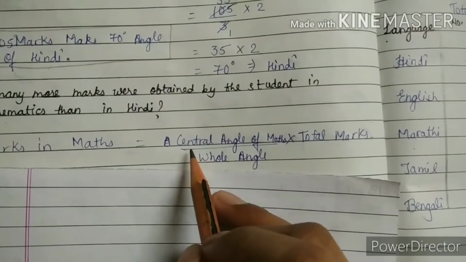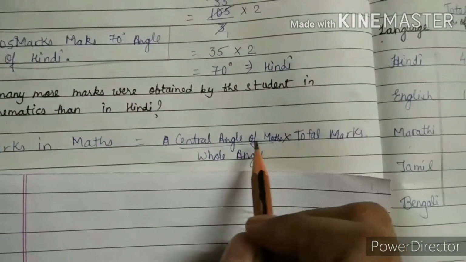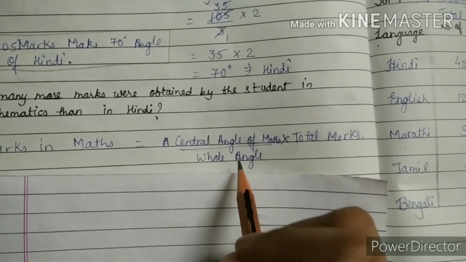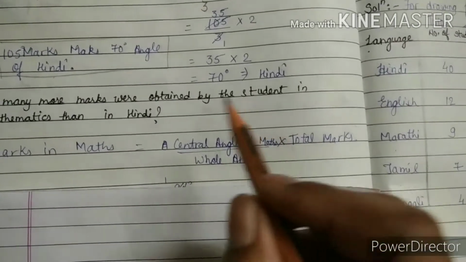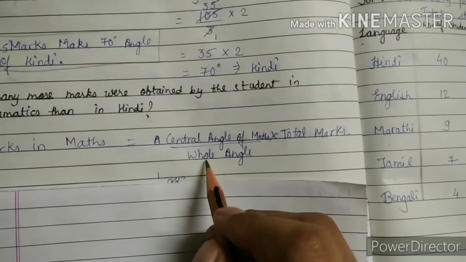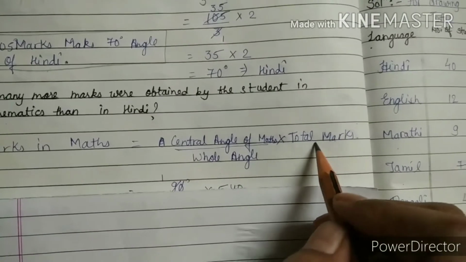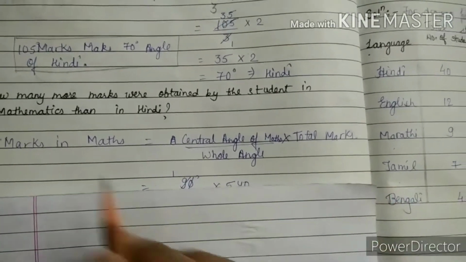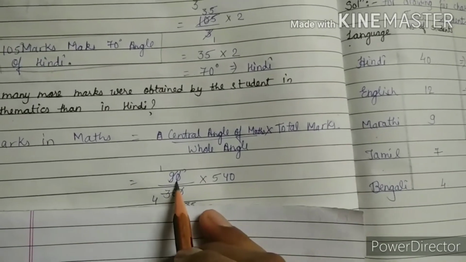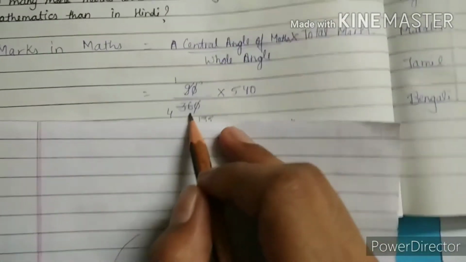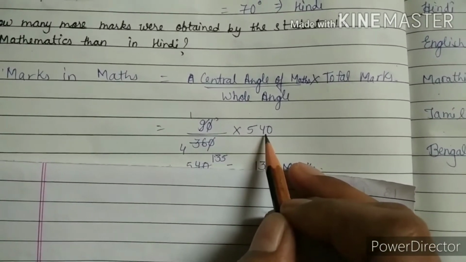Because the question gave us only the central angle of each subject, and we know the whole angle in the pie chart is 360 degrees, because a pie chart is made on a circle and the whole angle of a circle is 360, multiplied by total marks. Okay, we are going with maths. So firstly on the upper side we will put 90 degrees, divided by 360, multiplied by 540.